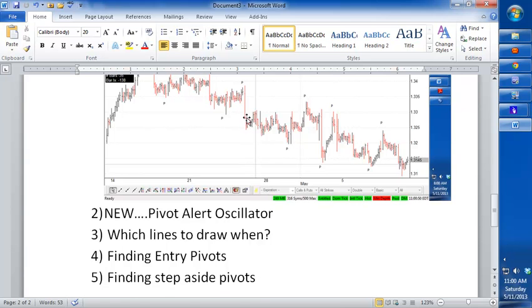So for example, if prices are in this area here, there's a reason why it would probably step aside rather than try to go for a long in this section. Because the objective here is to find these pivot points here, and to be able to do that on a consistent basis.